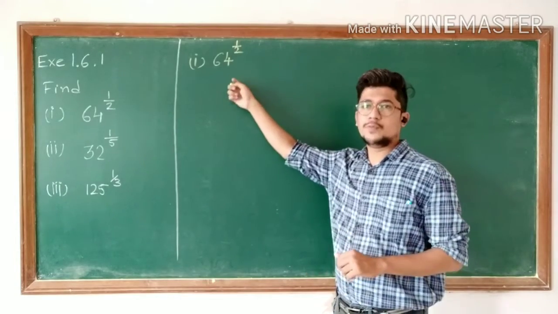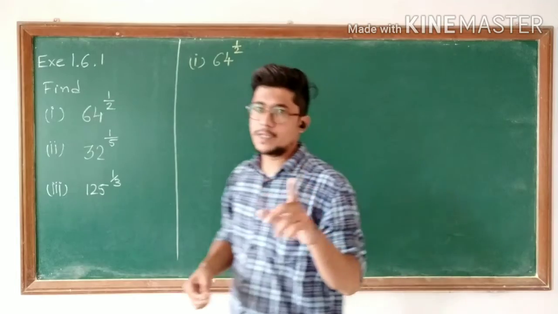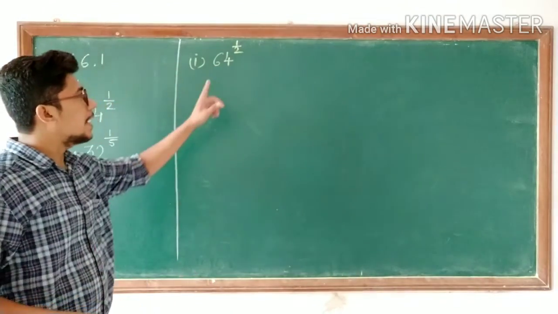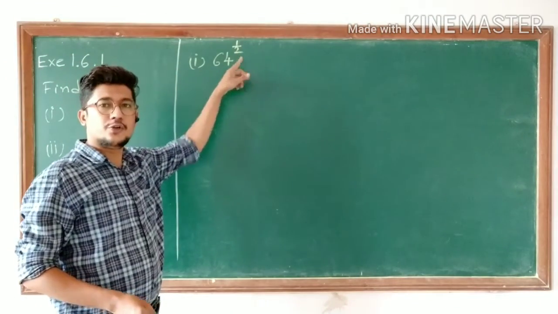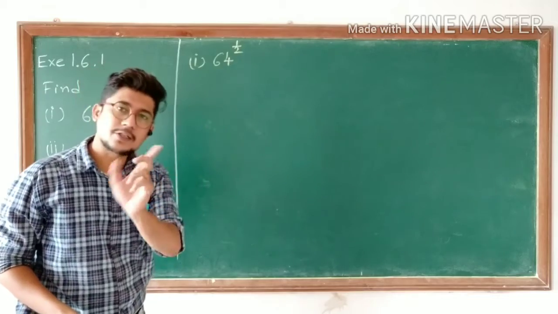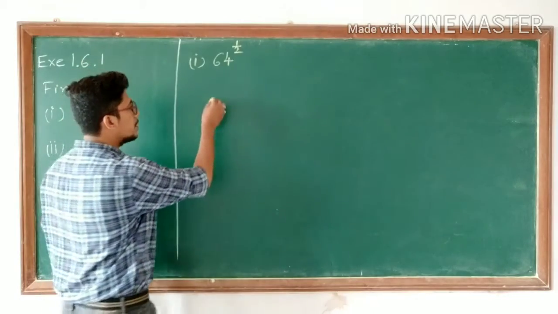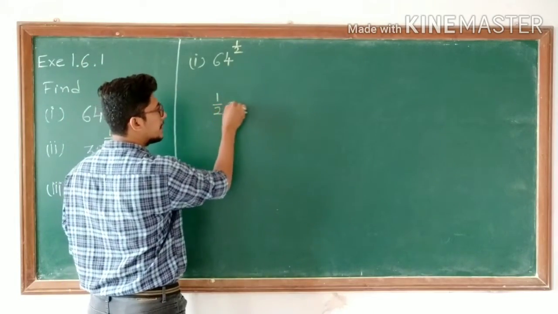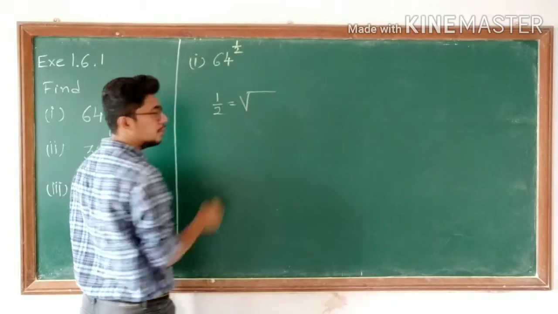You can do this problem in two ways. First, you have to know that 1 upon 2 is nothing but a square root.